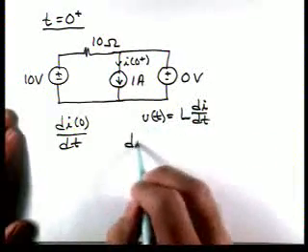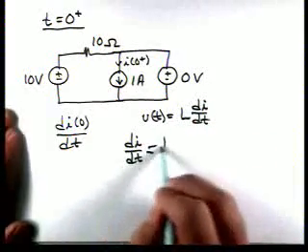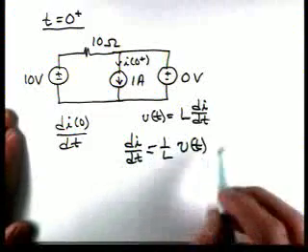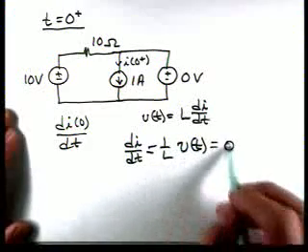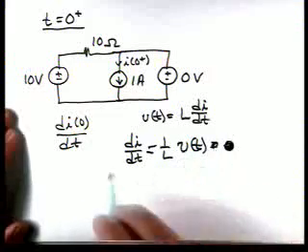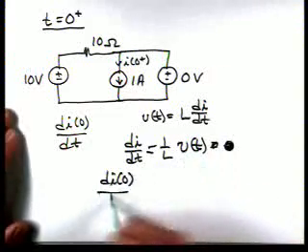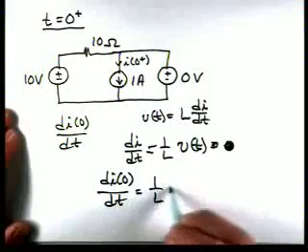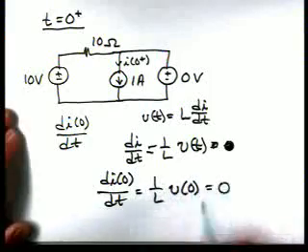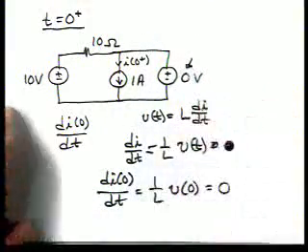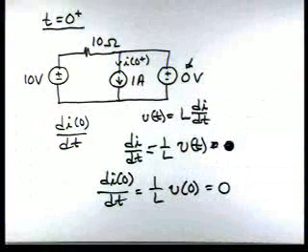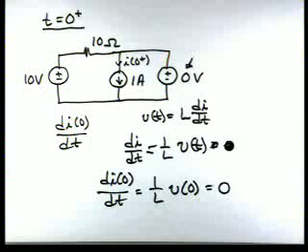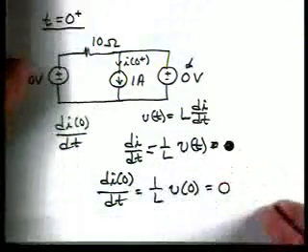So we'd have di dt is 1 over L times V of t, and if we evaluate this at 0, we know that's 0 because that capacitor voltage has a value of 0, so the derivative di dt at 0 is 0, and we got that from just using L di dt.